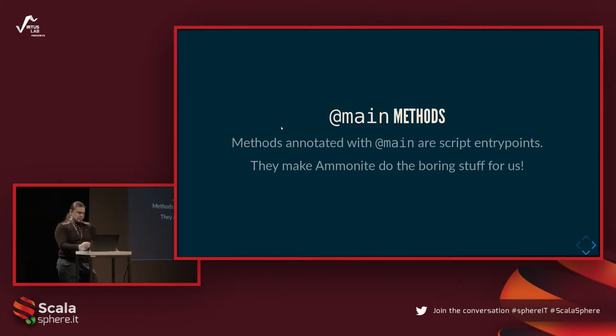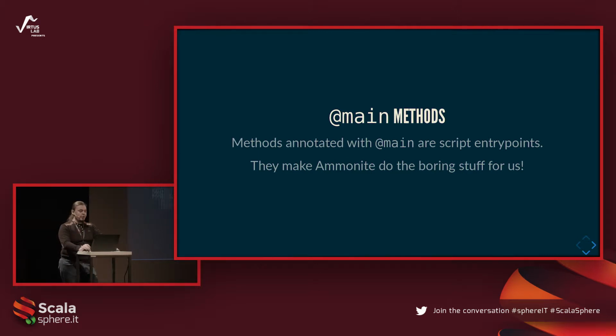So main methods, as we have seen, are entry points to our script, and essentially they mean that Ammonite will parse the command line parameters for us and will validate that they are, for instance, an int, which is what we want to do, but never want to bother actually writing code for that.